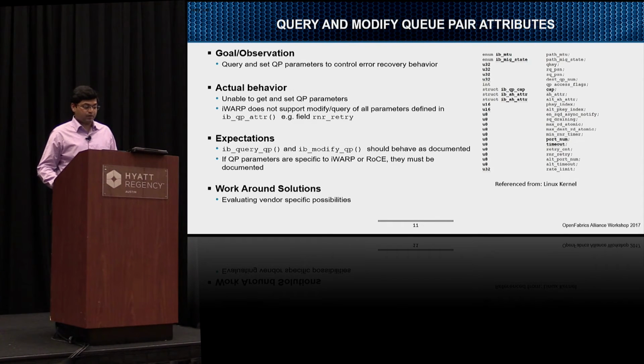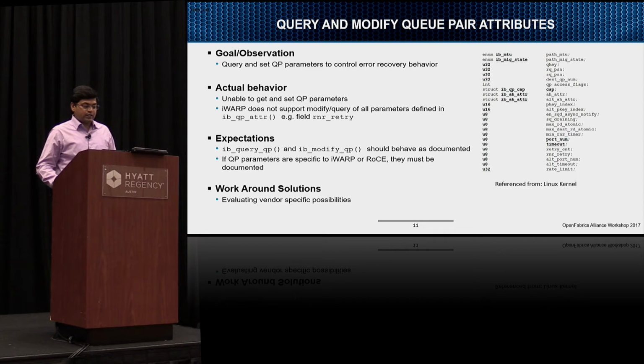Specifically with iWARP, we found that modifying and querying some of the parameters defined in the ib_qp_attr structure is not supported. For example, the RNR retry, so we were not able to control the RNR retry timeout.